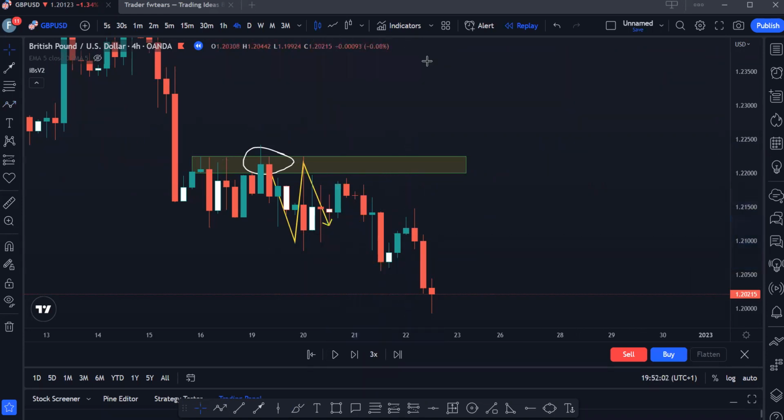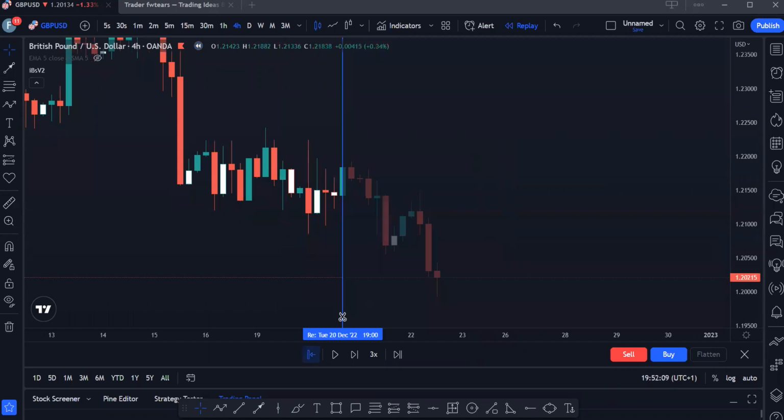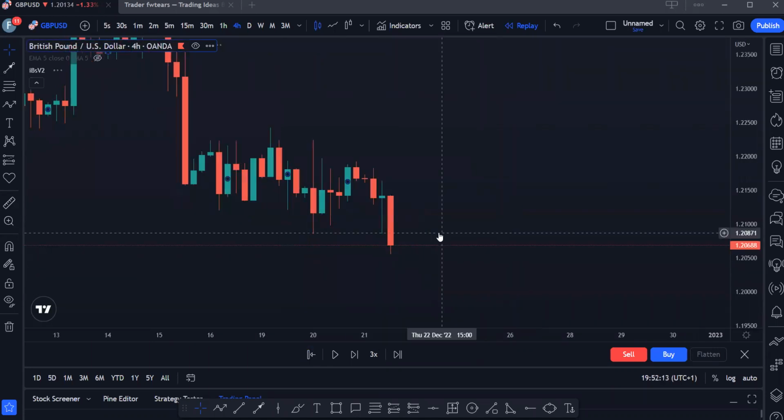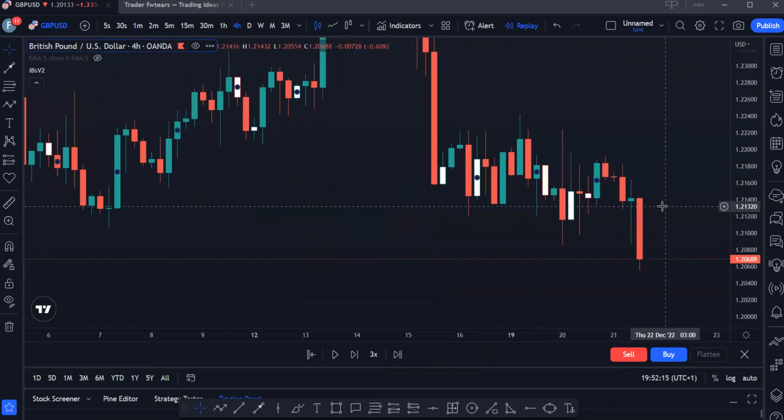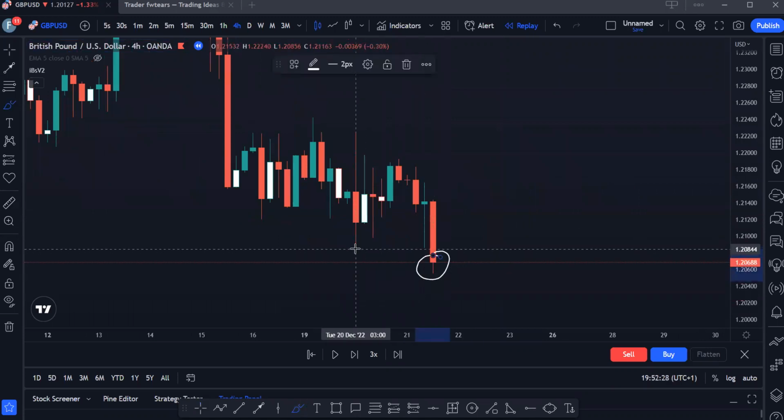Let me show you another thing. You know that price is still in a downtrend. In a downtrend, you are still looking for price to retrace into a resistance, and then you look for sells. Price gave us a lower low here, based on our trend anatomy.